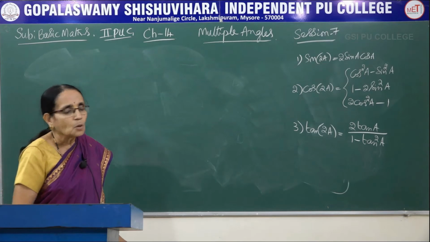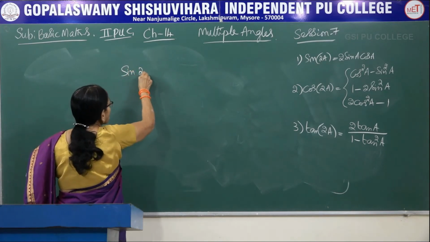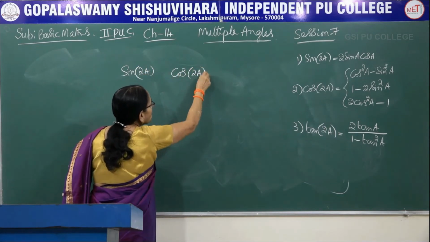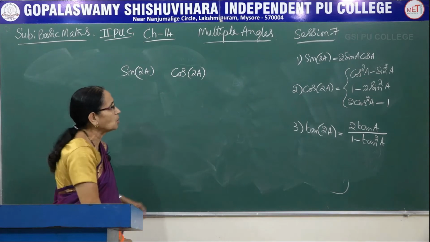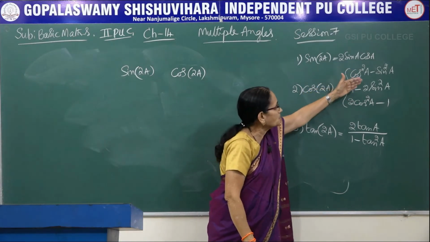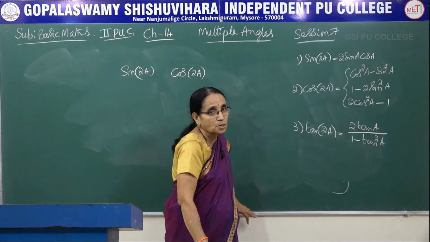Sin of 2a and cos of 2a, you observe here, we have both sin and cos, only sin and cos. Tan has been expressed only in terms of the tan function.